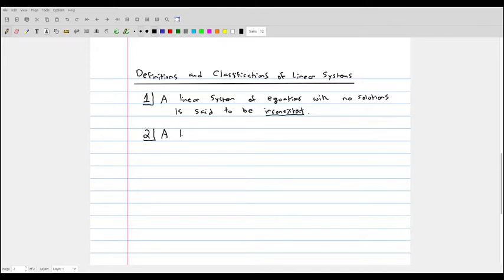A linear system of equations with at least one solution, possibly more, is said to be consistent.